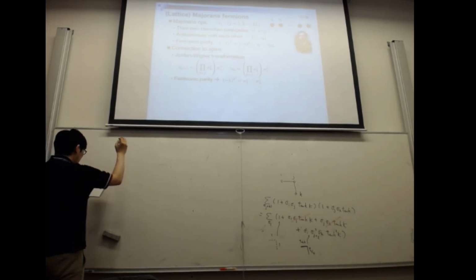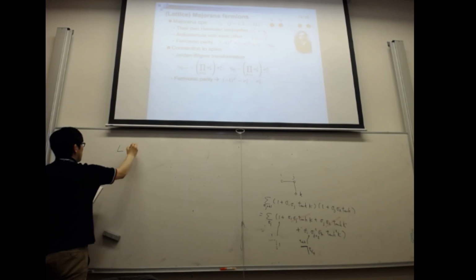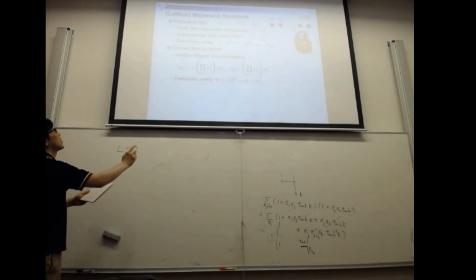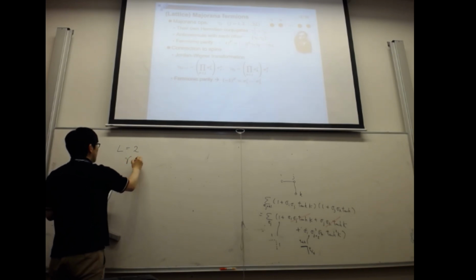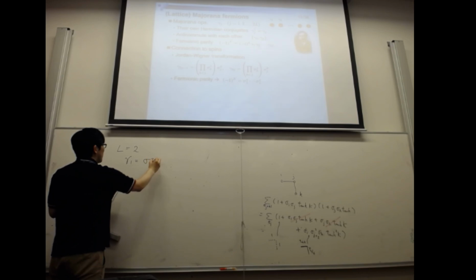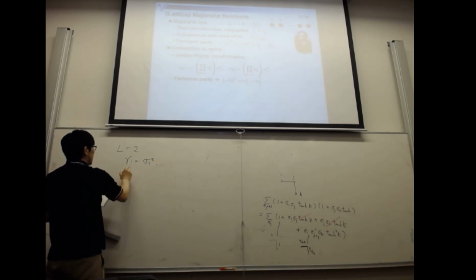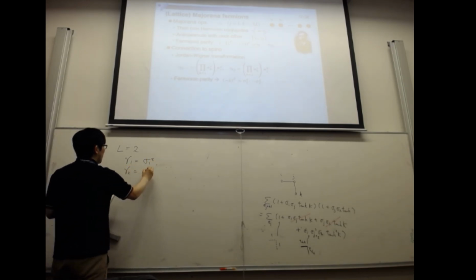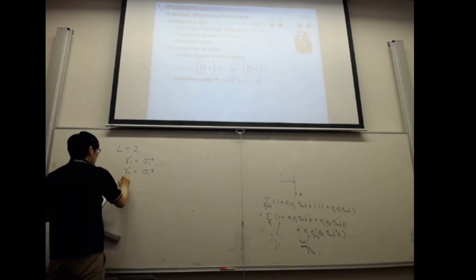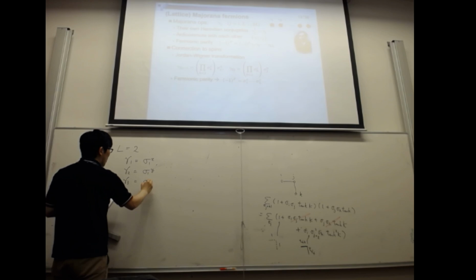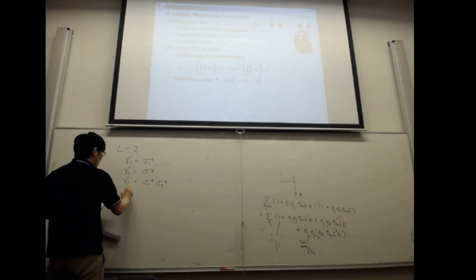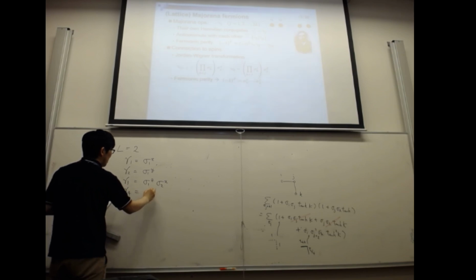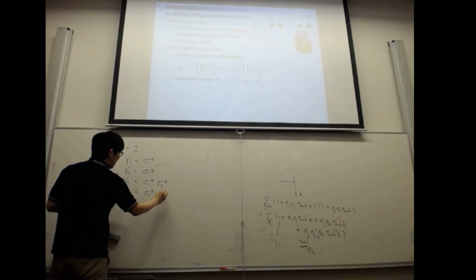Yeah, just for simplicity, let's consider the small system L equal 2. And for this case, gamma 1 is just sigma 1x. Gamma 2 is sigma 1y, gamma 3 is sigma 1z sigma 2x, and gamma 4 is sigma 1z sigma 2y.